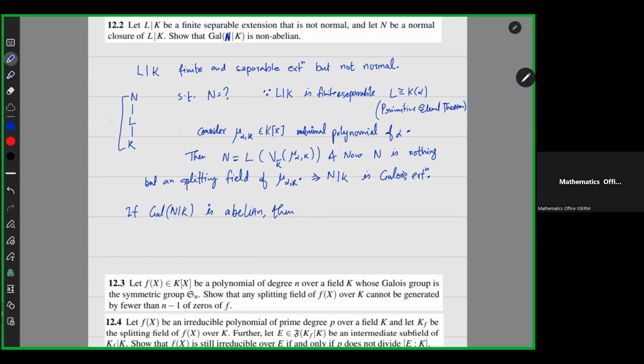And note that whenever this is Galois, N over L is always Galois, no matter what the Galois group of N over K is. But is L over K Galois or not? That is the question. So we see that all its subgroups are normal.